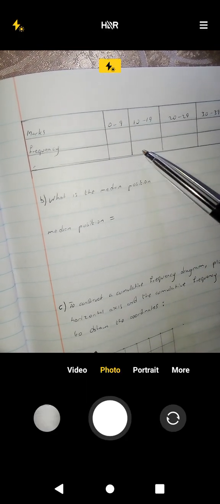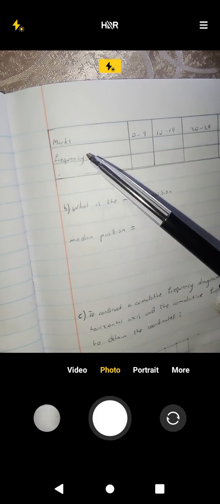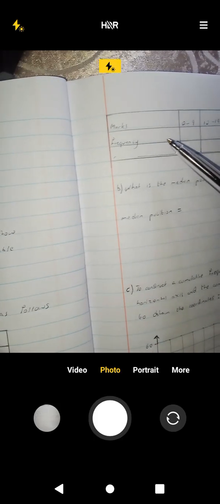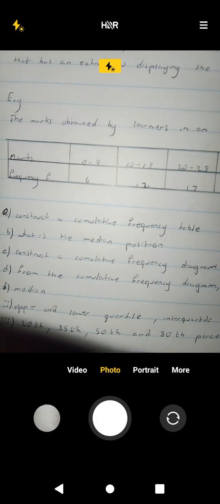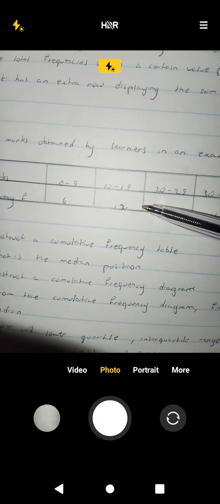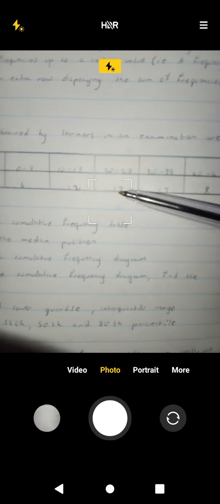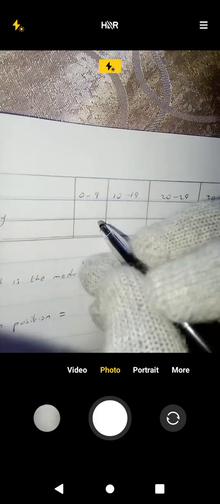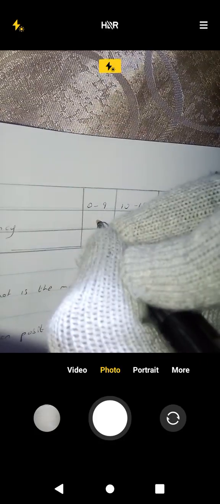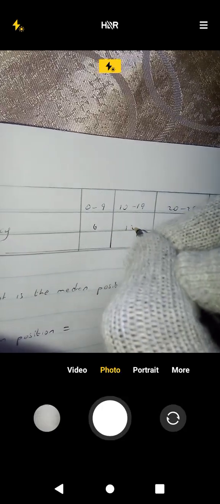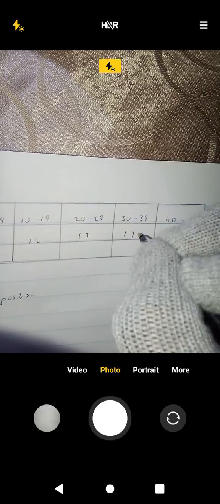We shall label it. Let's begin with labeling the frequency. The frequency was 6, 12, 17, 17, 8.